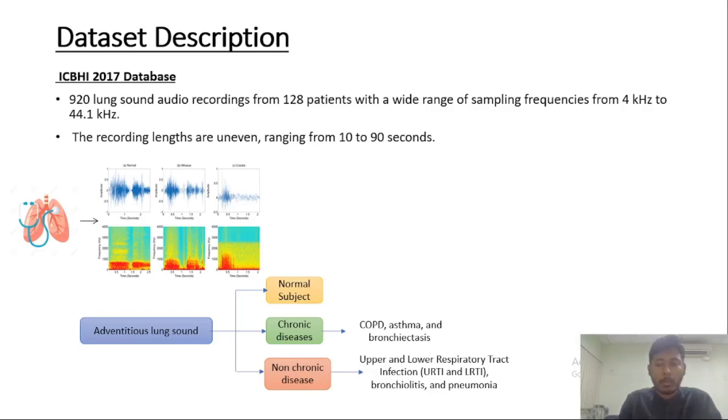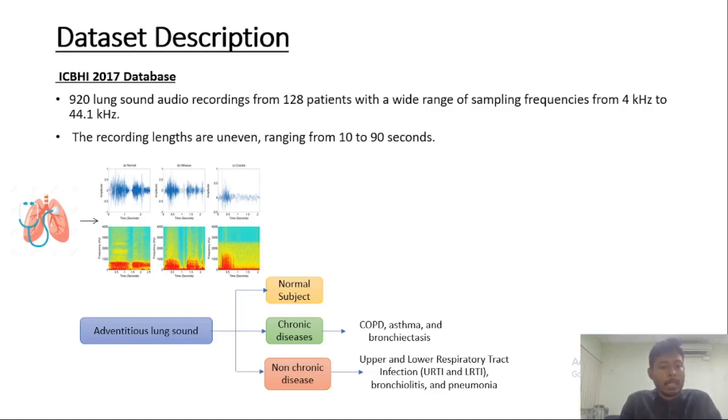Four universities collaborated to create the database, and because of that the recording devices had different sampling frequencies ranging from 4 kilohertz to 44.1 kilohertz. There are also some class imbalances in the database, and the recording length is uneven, ranging from 10 seconds to 90 seconds.